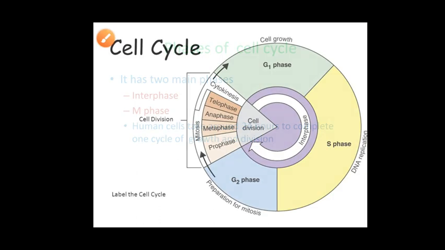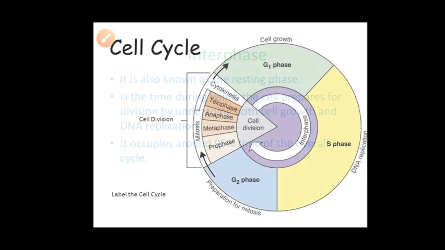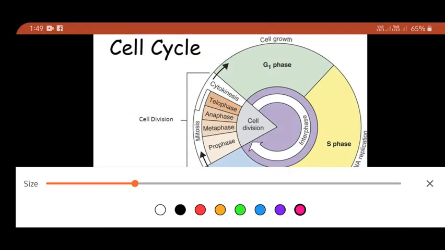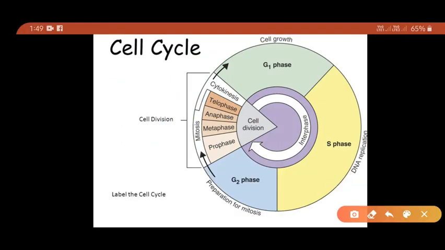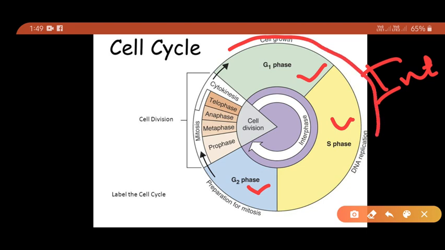Next, the cell cycle. I will explain the phases of the cell cycle through this diagram. So let's have a look. This G1 phase, S phase and G2 phase is known as the interphase, and this is the bigger phase.